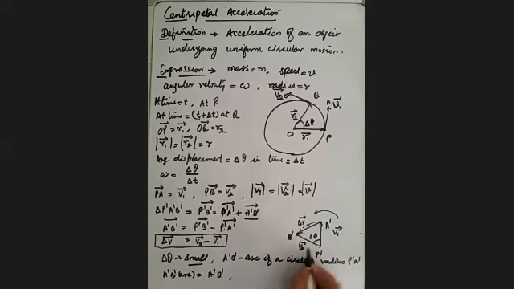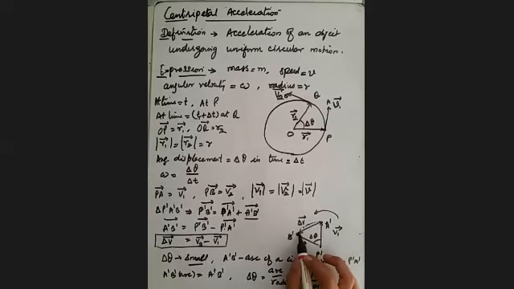Now we know delta theta, because it is the angle made at the center P', is equal to arc divided by radius, and arc is equal to A'B' and radius is equal to P'A'. So let us consider this a circle of radius P'A', and this is the arc A'B'.